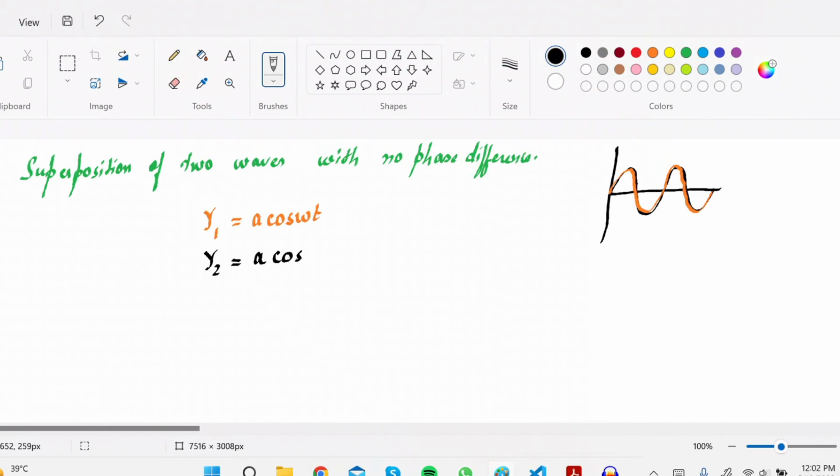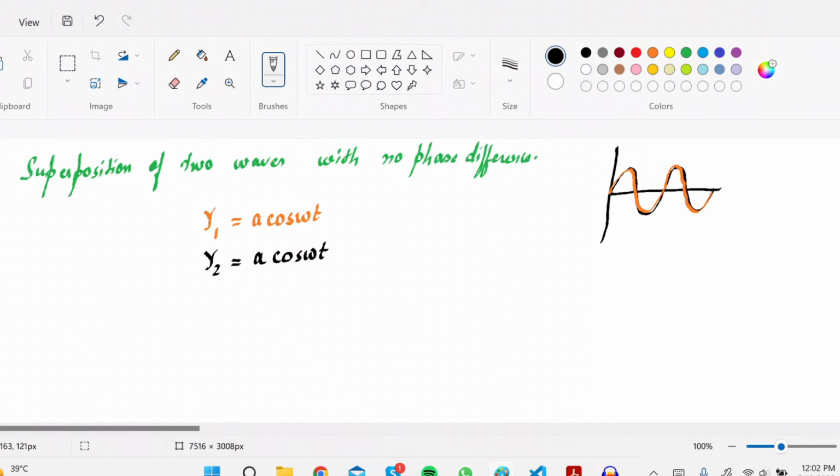That is also the same. Why are there no different parameters in the two equations? Because both the waves are similar. Now you are taking two waves with no phase difference, and these are coherent waves. In coherent waves, every parameter is the same.